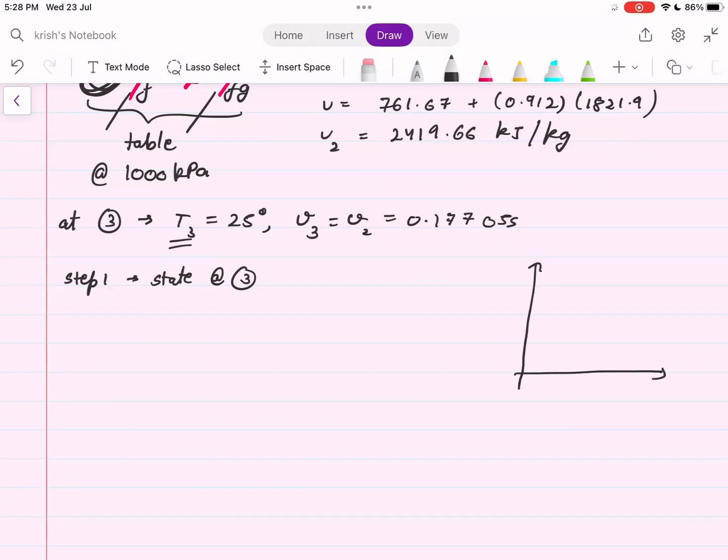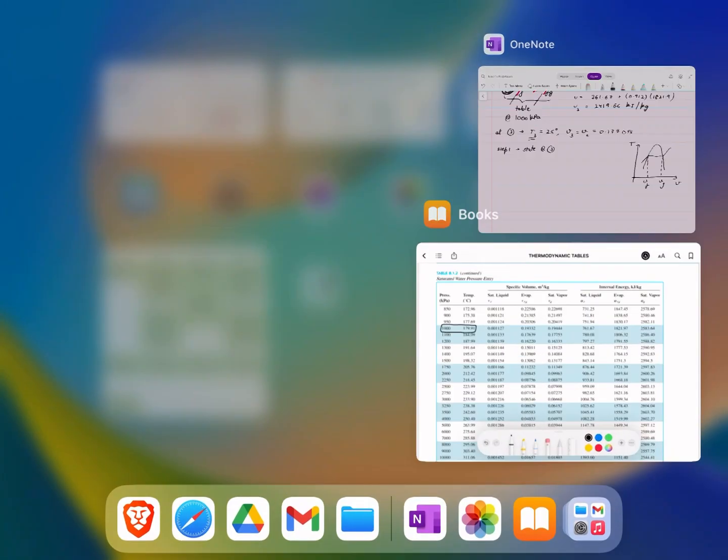Since we are given temperature, let us draw the T-v graph. Vf and Vg. We're using Vf and Vg because we know the temperature and the specific volume.